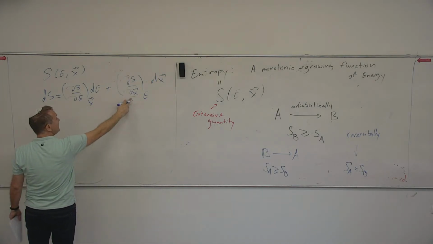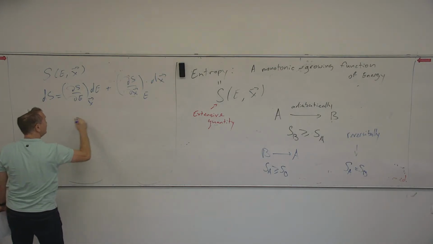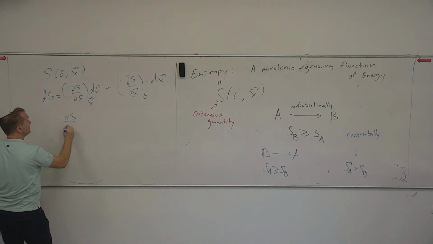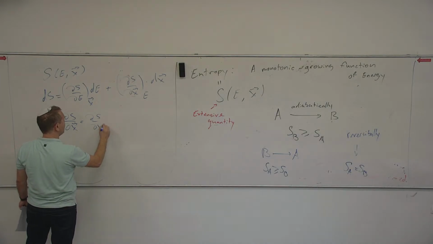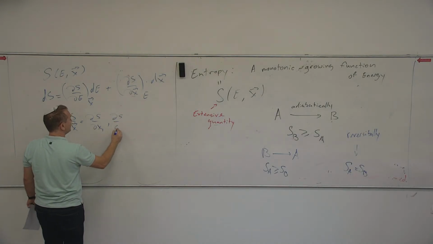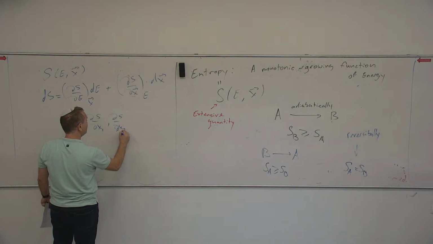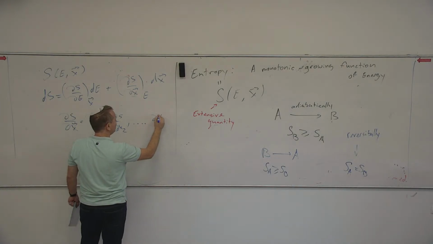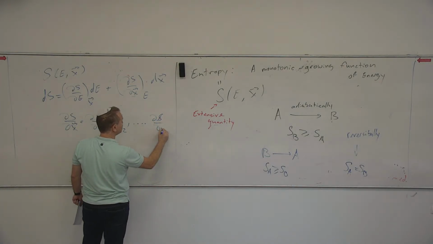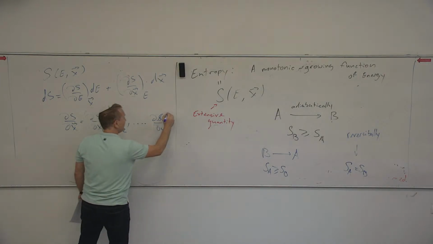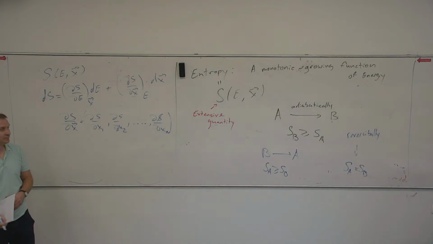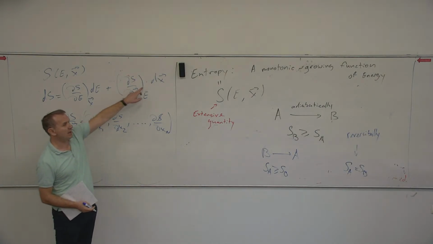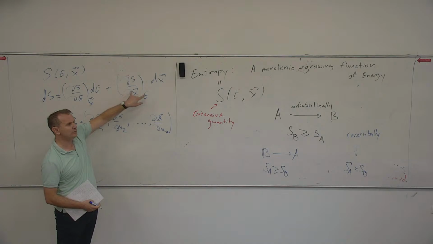When I say dS/dx, this means dS/dx1, dS/dx2, and so on up to dS/dxn, if I have n variables that define my equilibrium state. So this is a vector, and here I have a dot multiplication between two vectors.